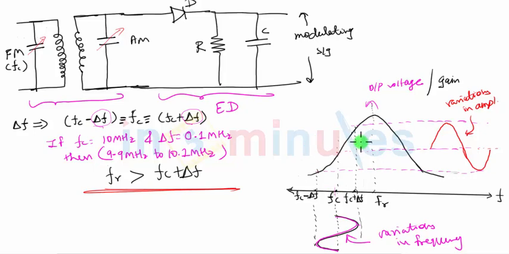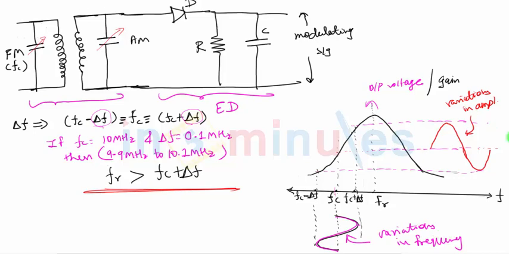And this is simply done so that low frequency results into low amplitude, high frequency results into high amplitude. If we take it on the other side, the right hand side of the frequency spectrum, then low frequency will result into high amplitude and high frequency will result into low amplitude. We don't want that. We want direct proportion between variations in amplitude and variation in frequency.